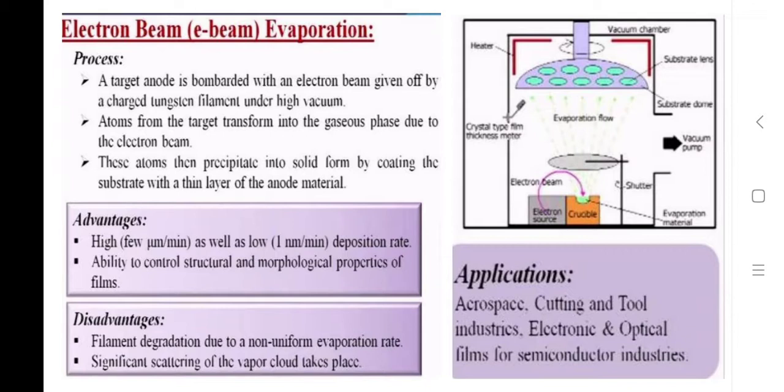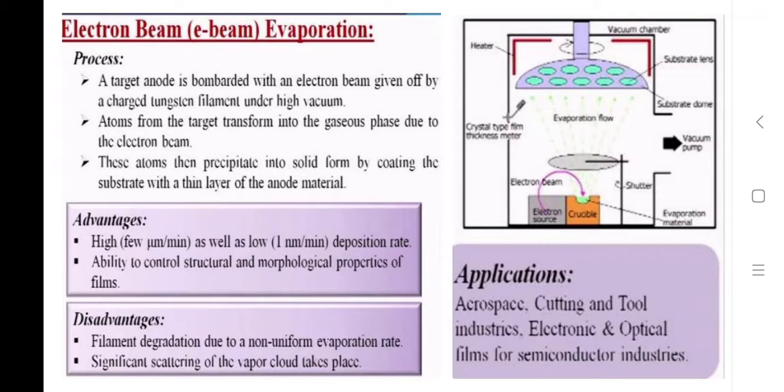Okay, in this diagram I have shown a target anode bombarded with the electron beam given off by a charged tungsten filament under high vacuum. We are using one anode material and the other is the cathodic material.